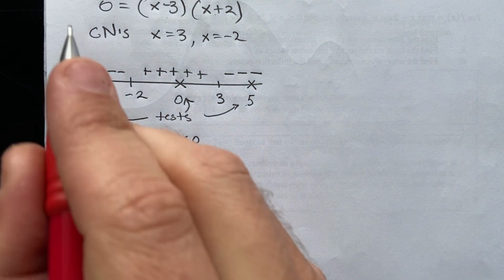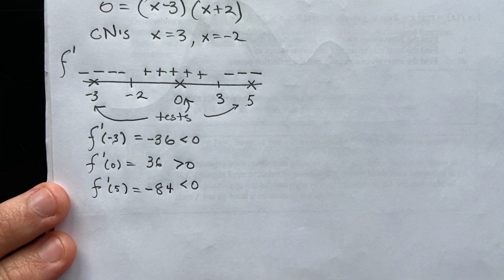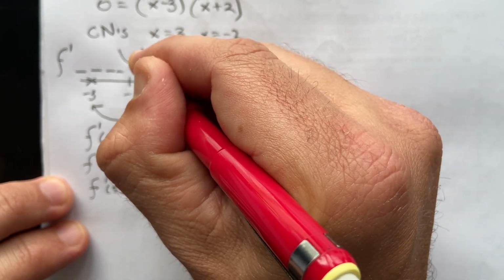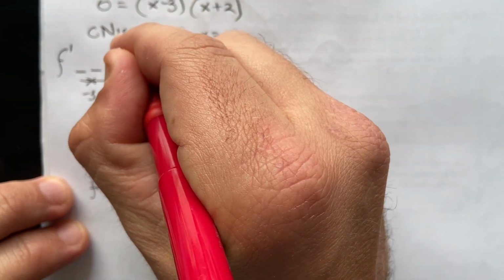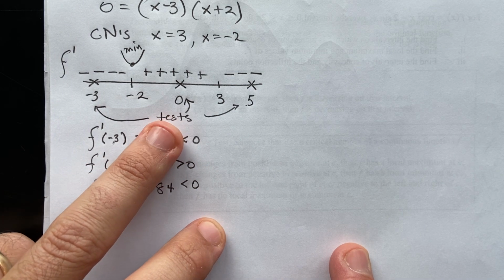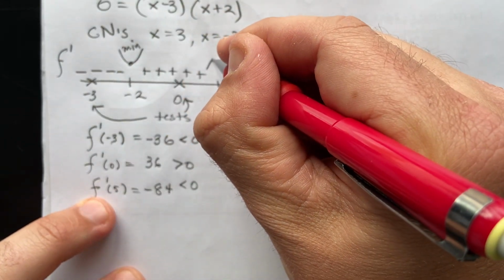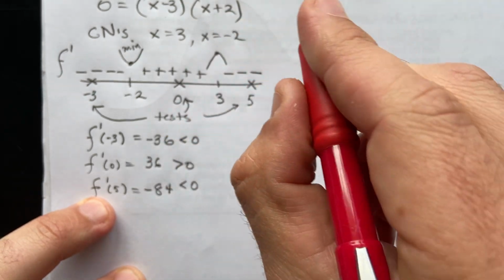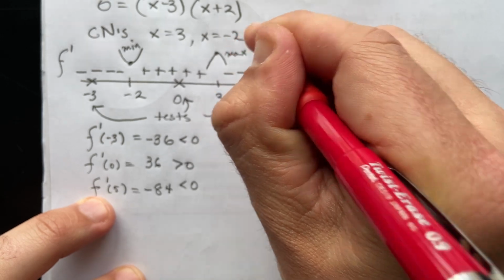So just to, again, this has all been f prime. So we'd have negative, negative, negative, 0, positive. So I'm getting a minimum right there. I have positive, positive, positive, and then negative. So I'm getting a maximum right there.